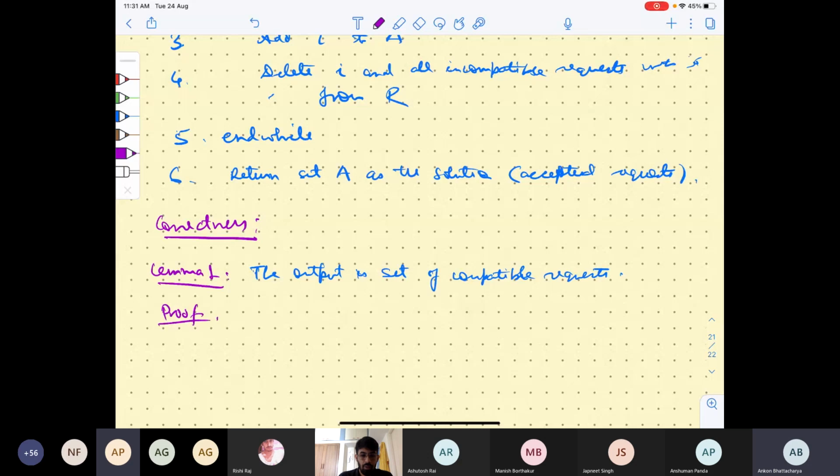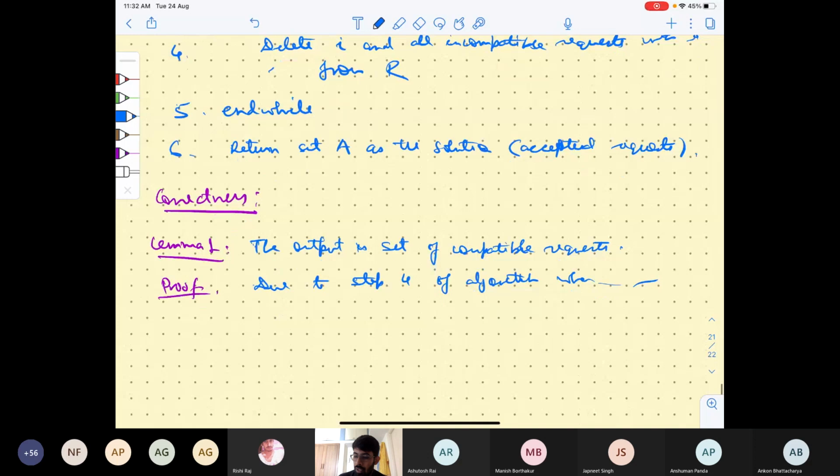Because at every step we are deleting all the incompatible requests, so no such request can ever enter the set A. Exactly. This is just due to step 4 of the algorithm, where we delete the set of incompatible requests. So this was just a sanity check that whatever we output is actually a set of compatible requests. All right, but now we want to show that the algorithm actually outputs an optimal solution. That's where the staying ahead argument will come.